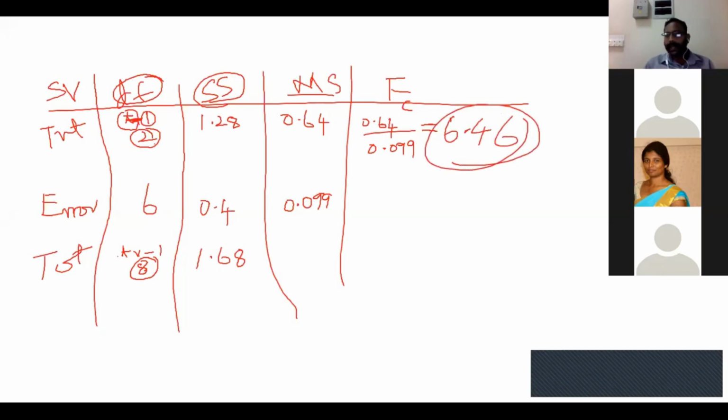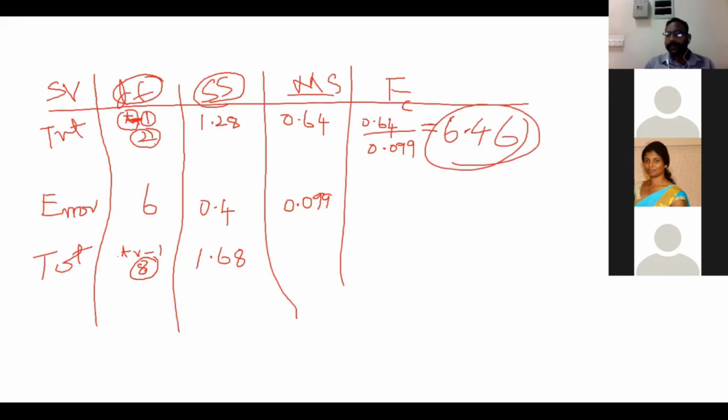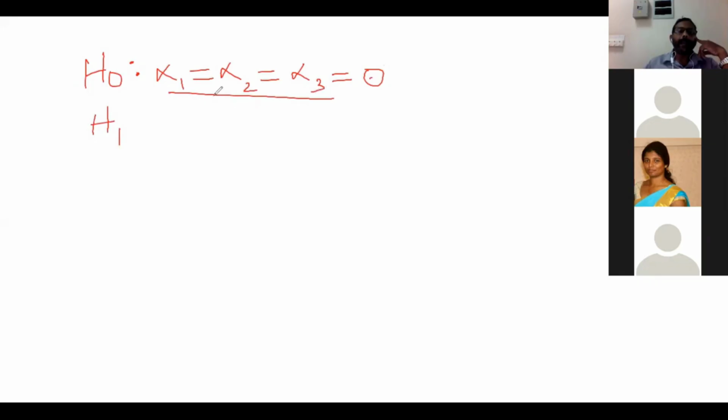Now, how can we take the decision? Before we talk about decision, we'll have to put the null hypothesis. Null hypothesis in this example: alpha 1 is equal to alpha 2 is equal to alpha 3. Why only 3 alphas? How many treatments are there?